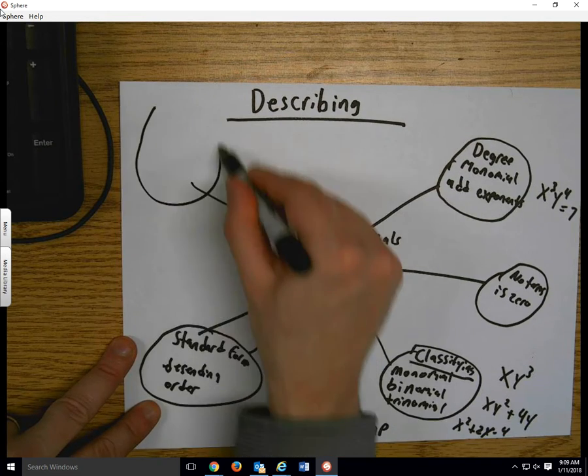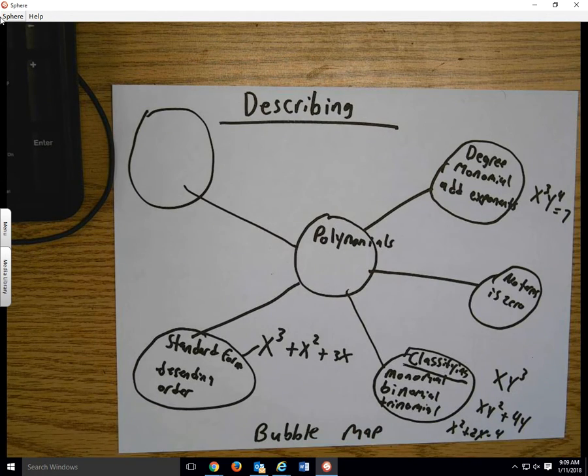Okay, guys. One more thing. I know we actually haven't covered everything about polynomials yet. We really haven't. Someone tell me one more thing about polynomials, and we will be done with our bubble map, and I will be happy with the bubble map. It's pretty good. One more thing from the videos you watched.